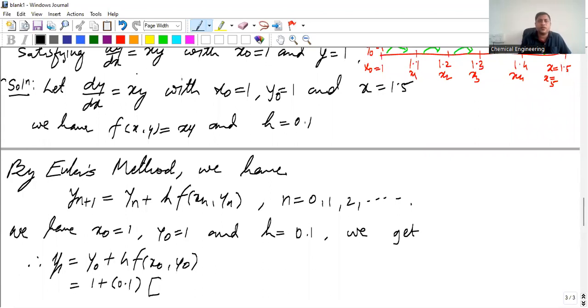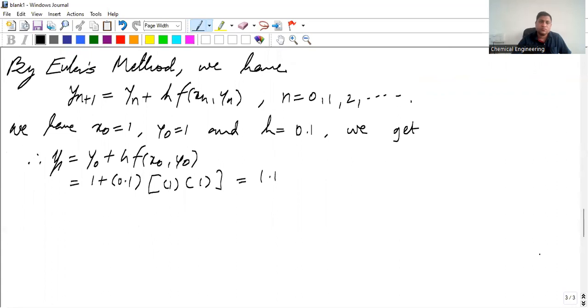Now here, what is the function? x into y. So x is going to be 1 and y is going to be 1. So is that 1.1? Are you getting y1 is equal to 1.1? Yes, sir.